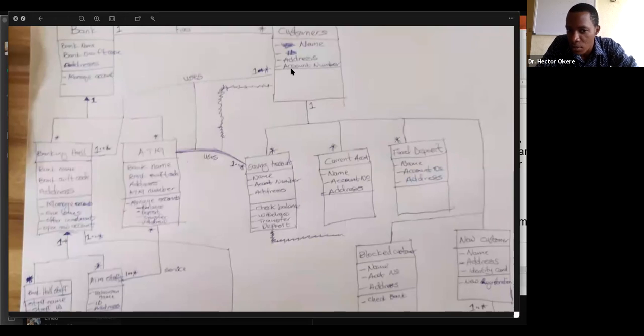Now let's go to the customer. The customer, okay, this should be one or many customers, okay? Can have a savings account, one or many savings accounts, can have current account. Actually, this is one or many, so let me correct that.